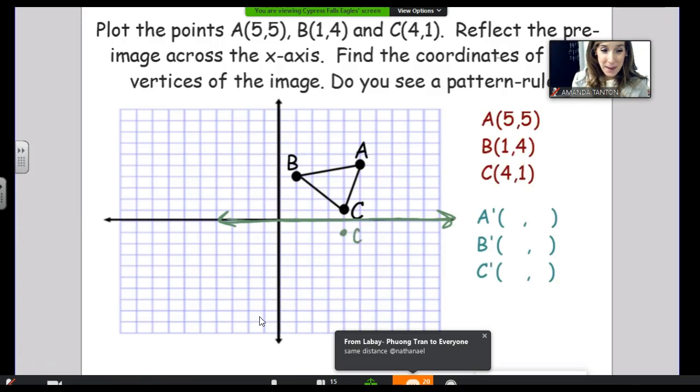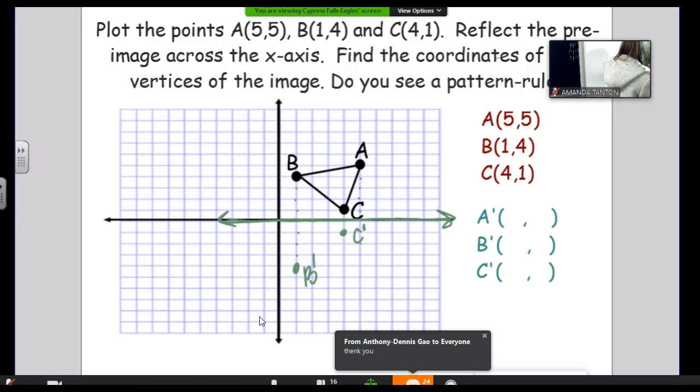How far away is B from the line of reflection? 1, 2, 3, 4. It's 4 away. I want to be equidistant. So I start at my line of reflection and I count 1, 2, 3, 4. How far away is A from the line of reflection? 1, 2, 3, 4, 5.